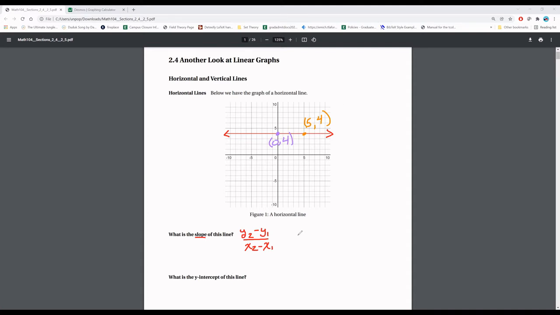I just plug those into my formula. I'll just let the purple one be the second point and the orange one be the first point. The order doesn't really matter so long as you keep the order that you've chosen once you have chosen it. So y2 is 4. y1, also 4.